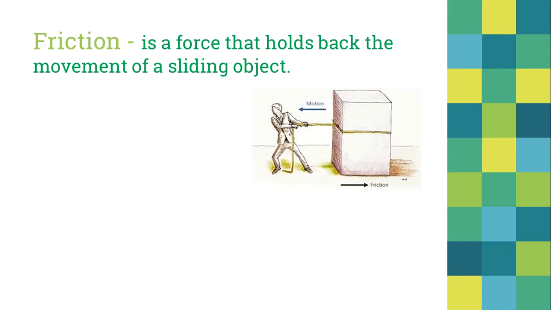As you can see in the picture, we have this guy pulling to the left and the friction exerting a force to the right. Every time that you have friction, you will have friction in the opposite direction to the motion that you're applying. Why is that? Because friction is always holding back the movement. So that means that it will always go against the motion.